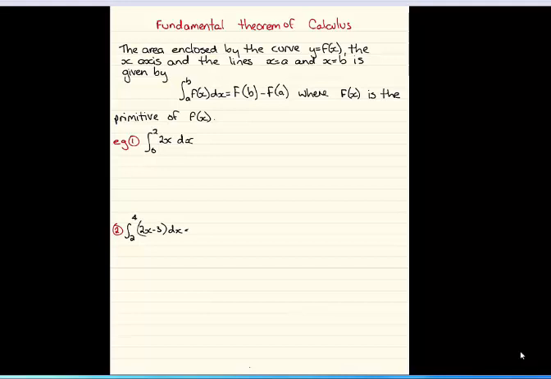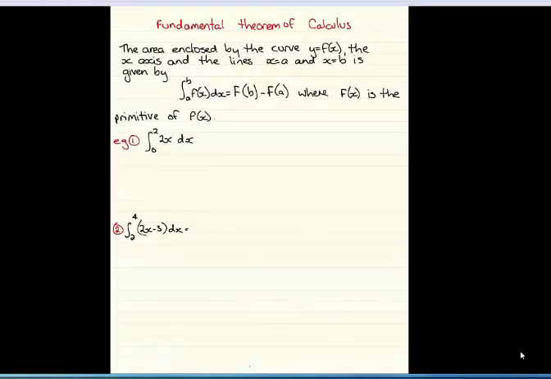All right, so if we are asked to find the area below the curve y is equal to 2x from x is equal to 0 to x is equal to 2, what we get is this integral that you see here in this first example. Okay, and the way you do it is you find your primitive function.